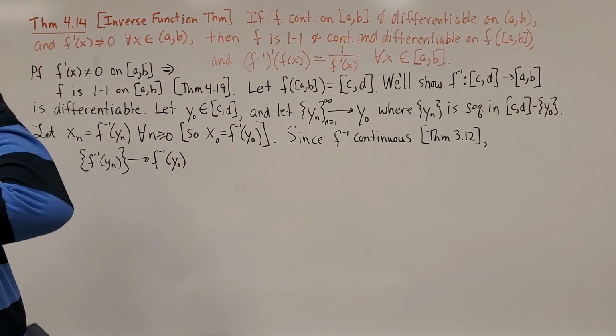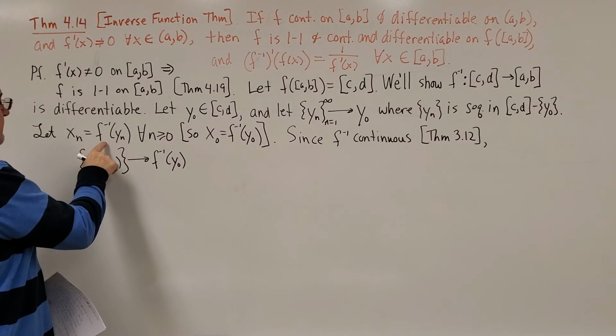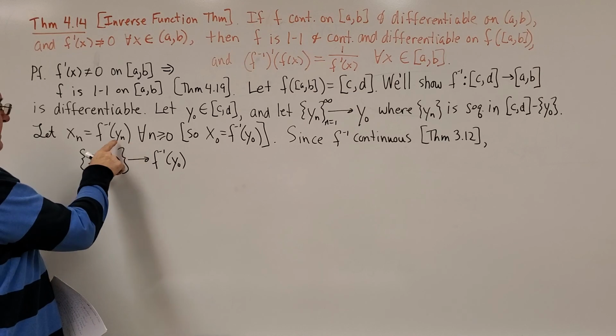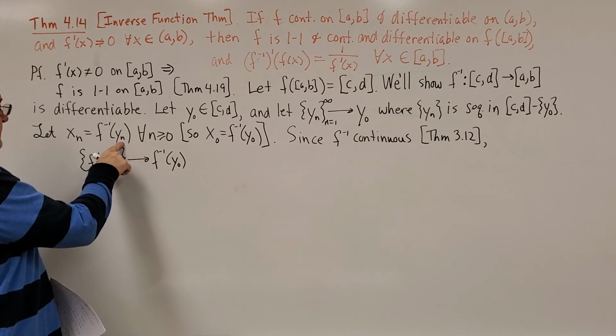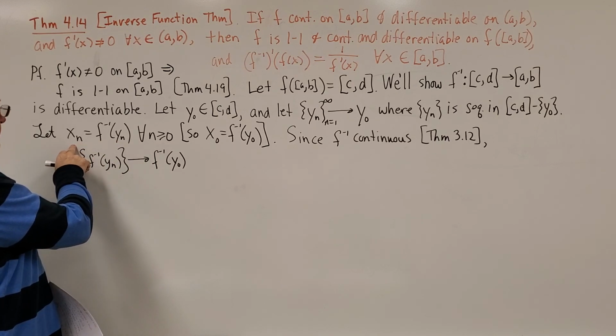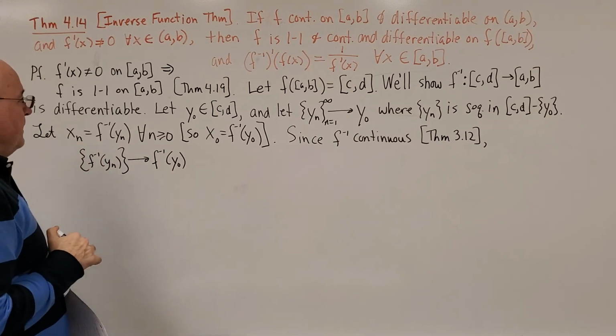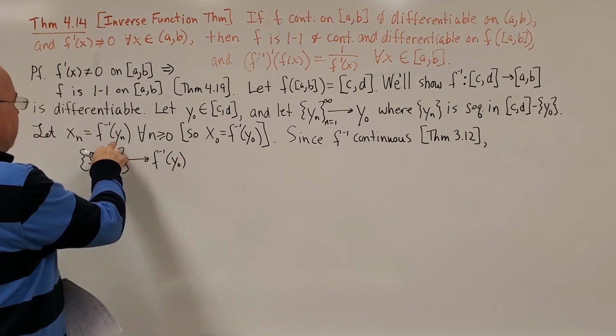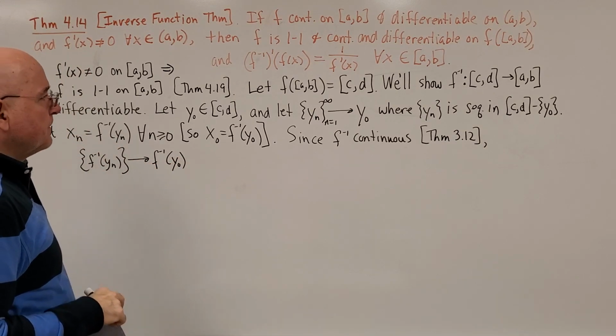For convenience, let xn be the inverse image of yn for all n greater than or equal to 0. Another way of saying that is yn is equal to f of xn. I made a special note here that x0 would be f inverse of y0.